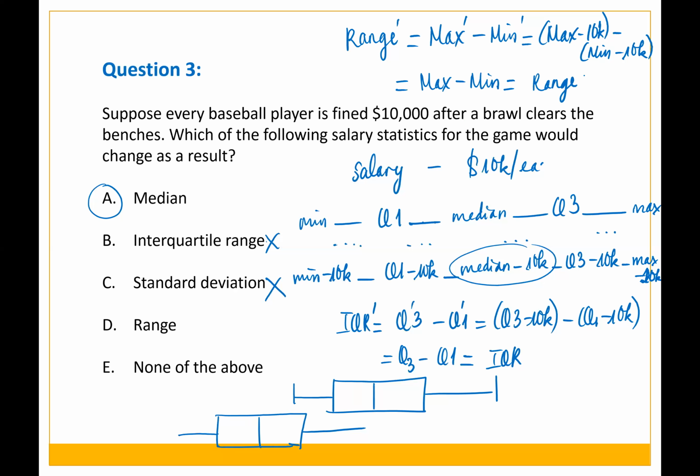Again, range is just another parameter to show us how spread out our values are. And if we just shift it and we don't change one single value, we change every one of them by the same value, the range is the same. So this one doesn't change as well. So our answer is A.